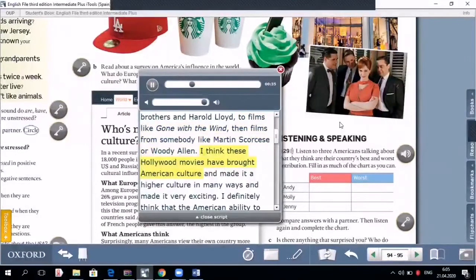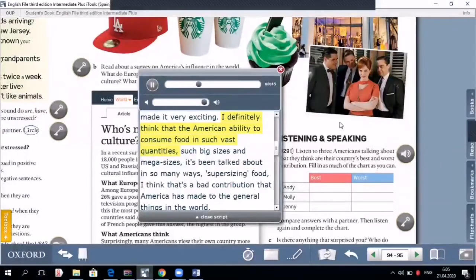I think these Hollywood movies have brought American culture and made it a higher culture in many ways and made it very exciting. I definitely think that the American ability to consume food in such vast quantities, such big sizes and mega sizes, it's been talked about in so many ways, supersizing food. I think that's a bad contribution that America has made to the general things in the world.